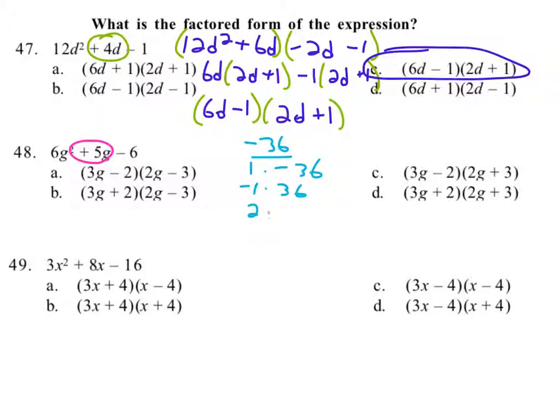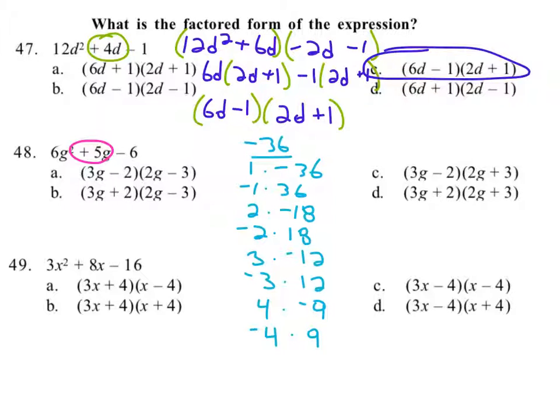So let's keep going. 2 times -18 or -2 times +18, or 3 times -12 or -3 times +12, or 4 times -9 or -4 times +9.